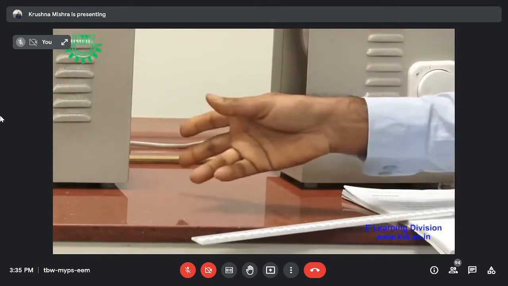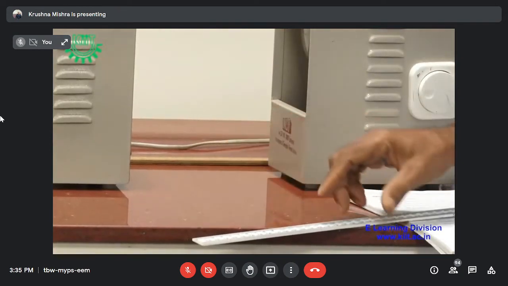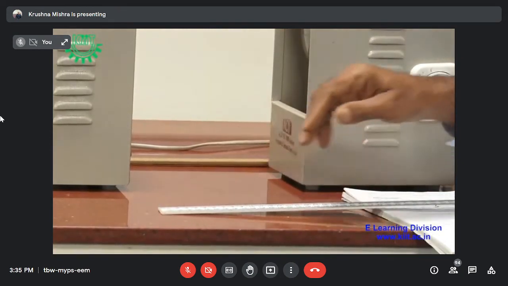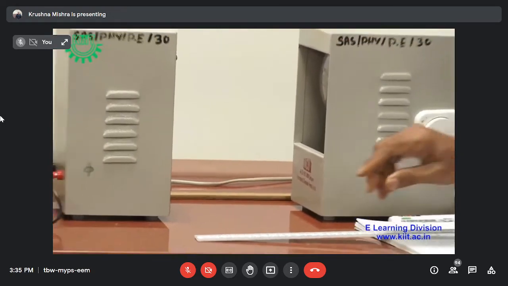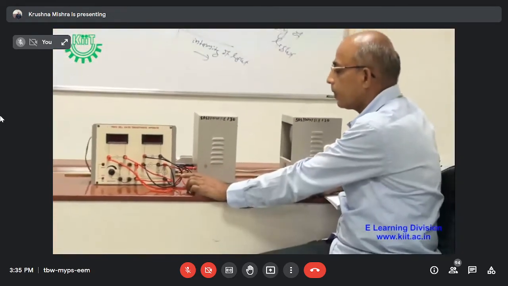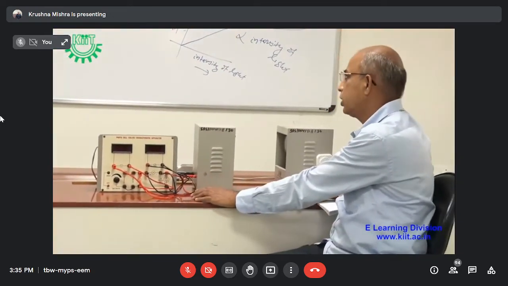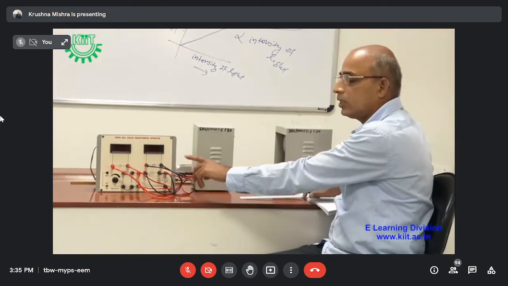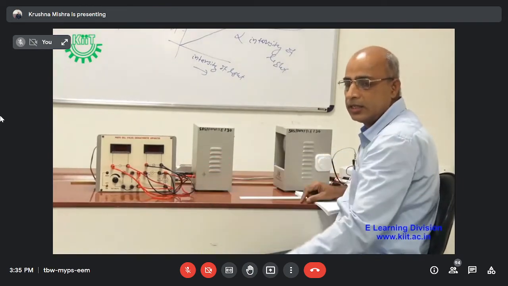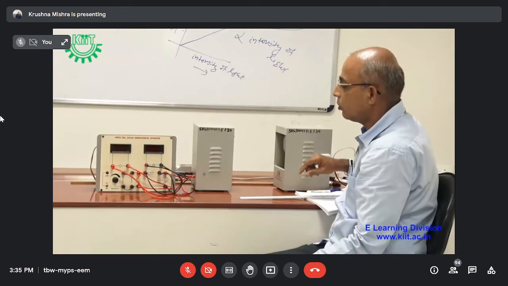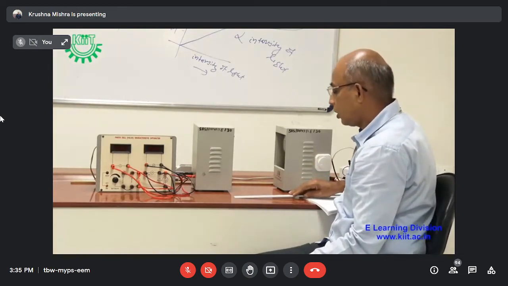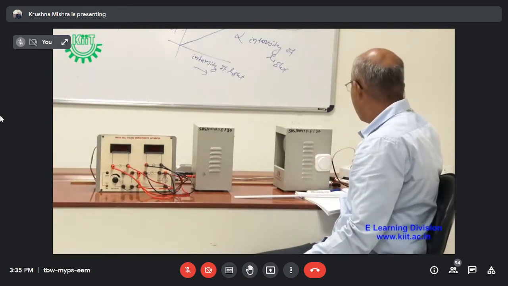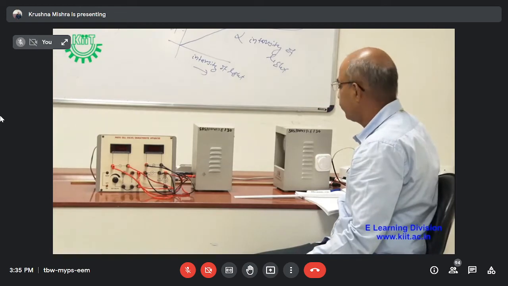Now the gap is more. I have increased it by 10 cm. If I see again for the same potentials, 1, 3, 5, 7, 9, like this, which is given to the anode, then what happens to the photocurrent?